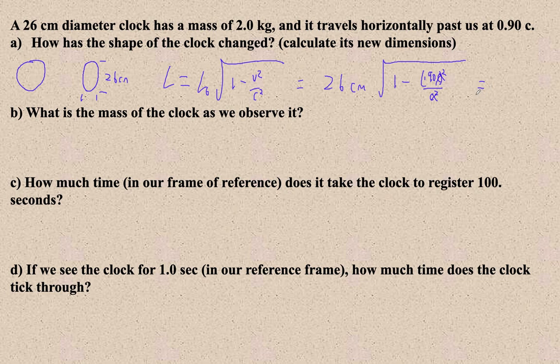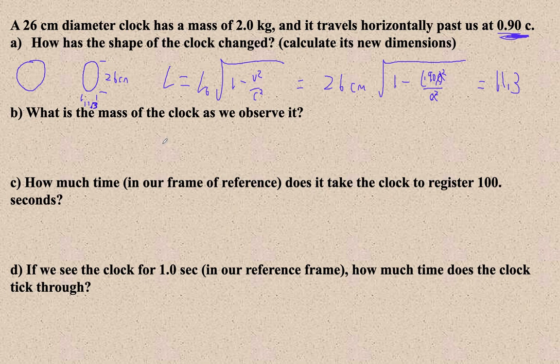Let's do this: 26 times the square root of 1 minus 0.9 squared. That's why you always use the factor of the speed of light, because it's so convenient. So this is 11.3 centimeters wide, 26 centimeters tall.